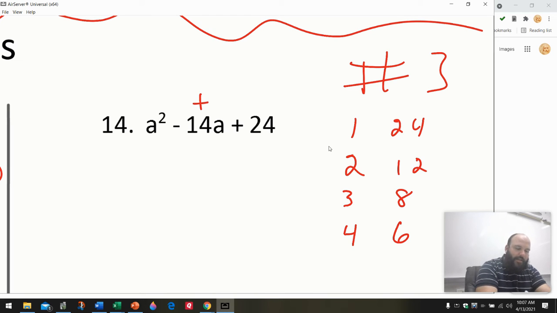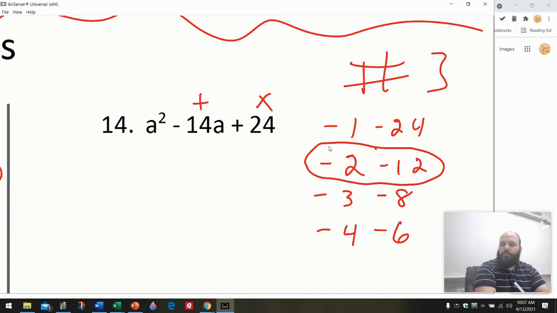Remember, they have to add to be negative 14, but they need to multiply to be positive 24. All of the pairs will be negative, once again, because they have to multiply to be positive but add to be negative. So which of those give me negative 14 when I add them up? Well, these two right here. Negative 2 minus 12 is negative 14.